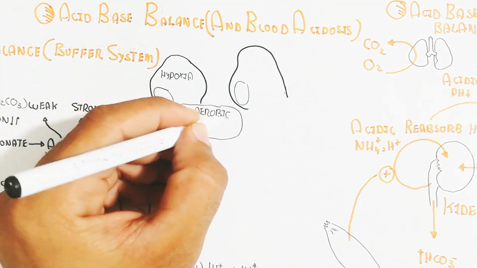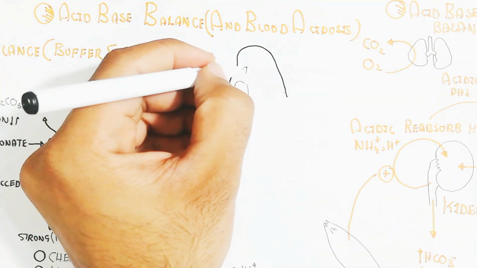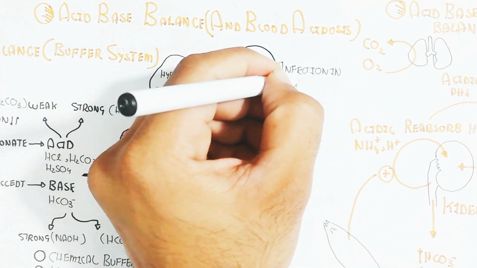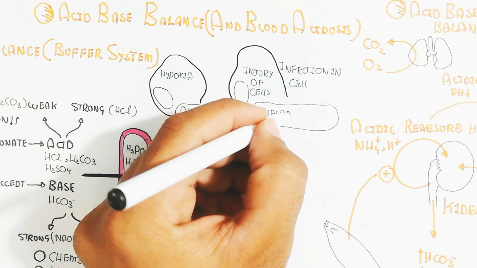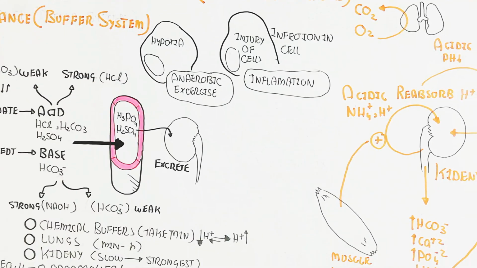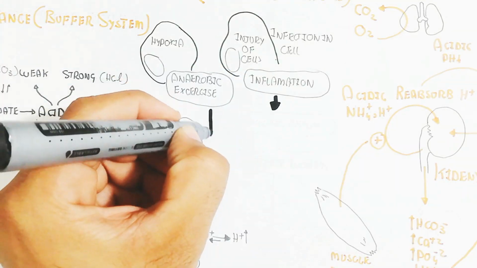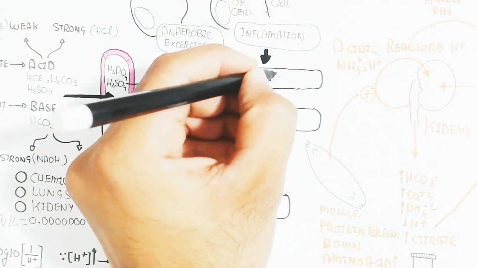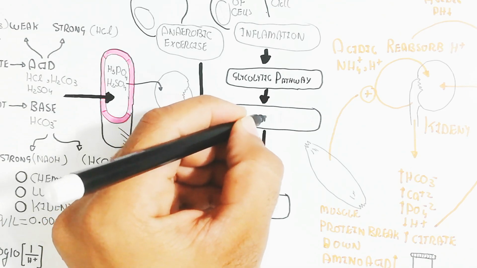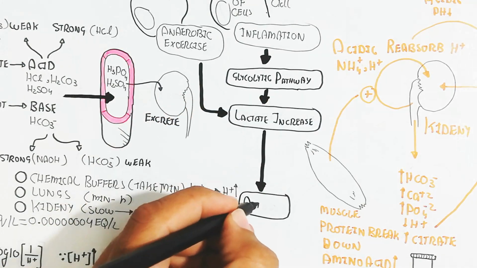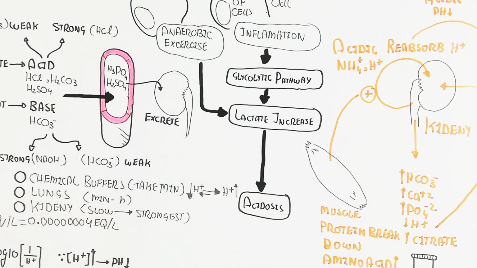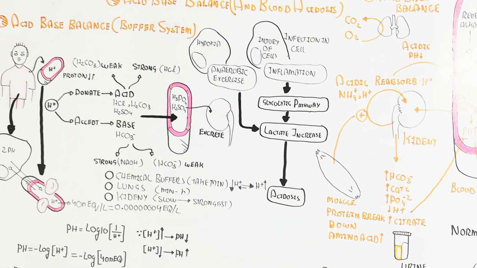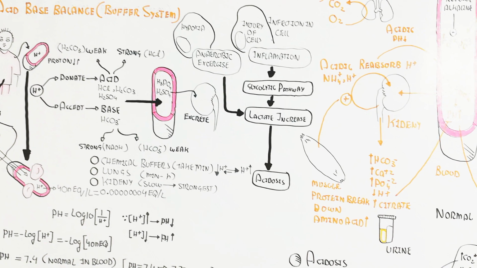On the other hand, hypoxia due to anaerobic exercise produces lactic acid. Infection and injury of cells lead to inflammation and trigger the glycolytic pathway, but oxygen is much less and too much is consumed to produce lactic acid. The increase in lactate leads to acidosis, because lactate consumes the proton.